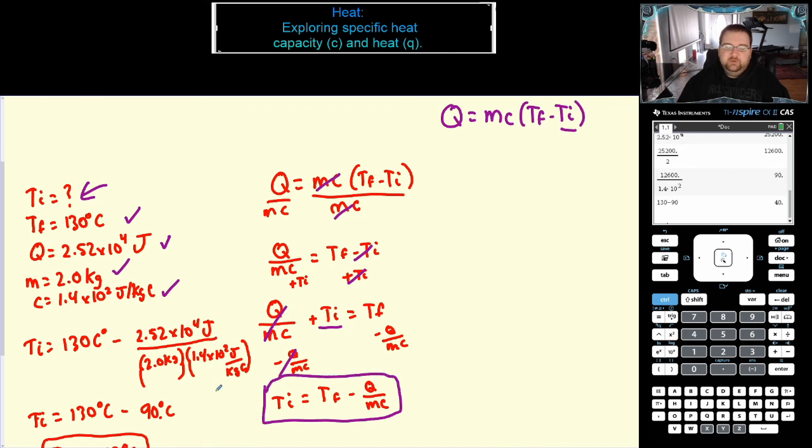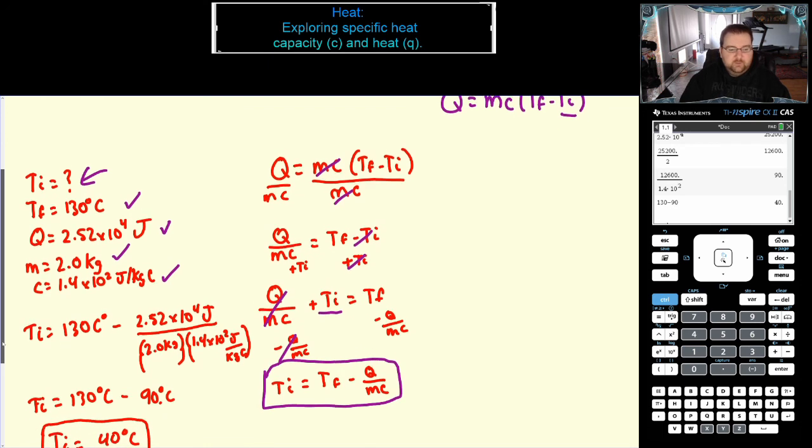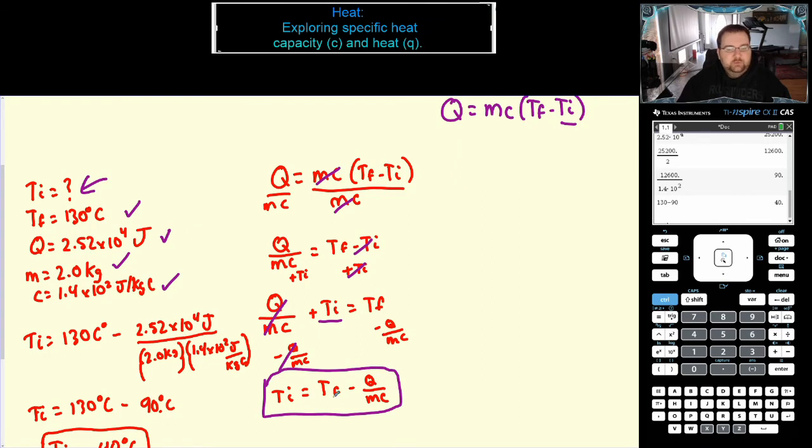So we're going to substitute all our givens into this formula. So TF is 130. Q is 2.52 times 10 to the 4. Our mass is 2 kgs, and here's our specific heat capacity.